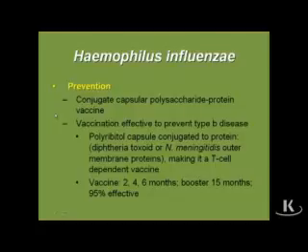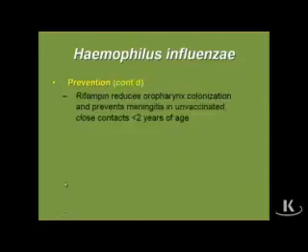Now, because it's not a live vaccine, you'll notice one of the common themes is that when we have to give this vaccine, we have to boost multiple times. So we're boosting at 2 months, 4 months, 6 months, again at 15 months, but it's been very, very effective in reducing the incidence of very severe disease with Haemophilus influenzae.